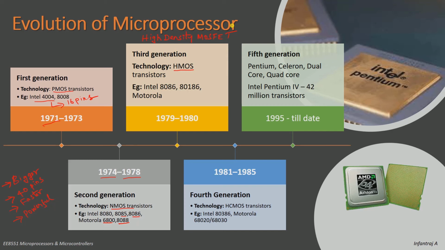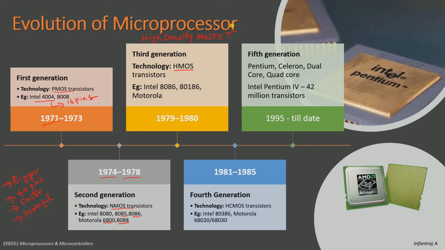The meaning of high density is that I can accommodate more transistors within a small area. So when you compare the second and third generation microprocessors, a third generation microprocessor will have more functionality because I can accommodate more circuits within a small area.